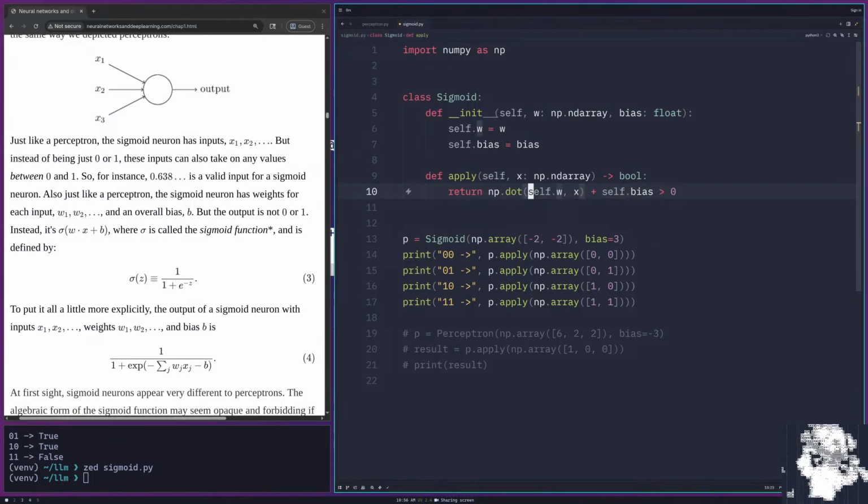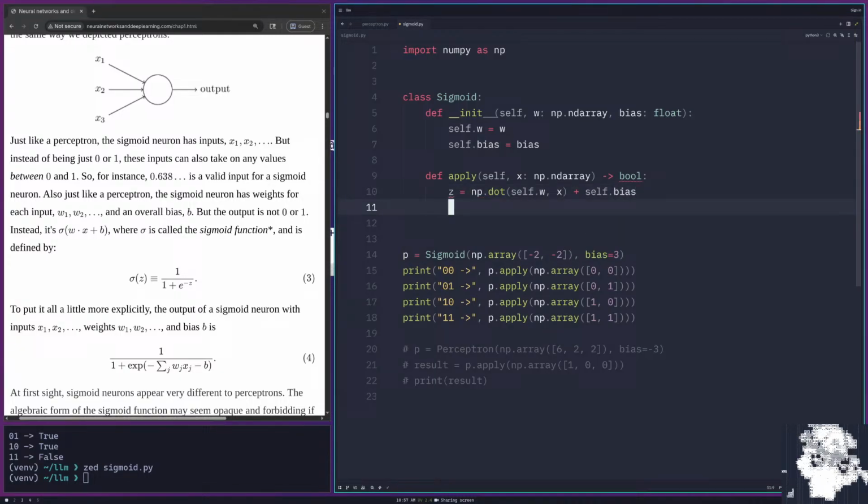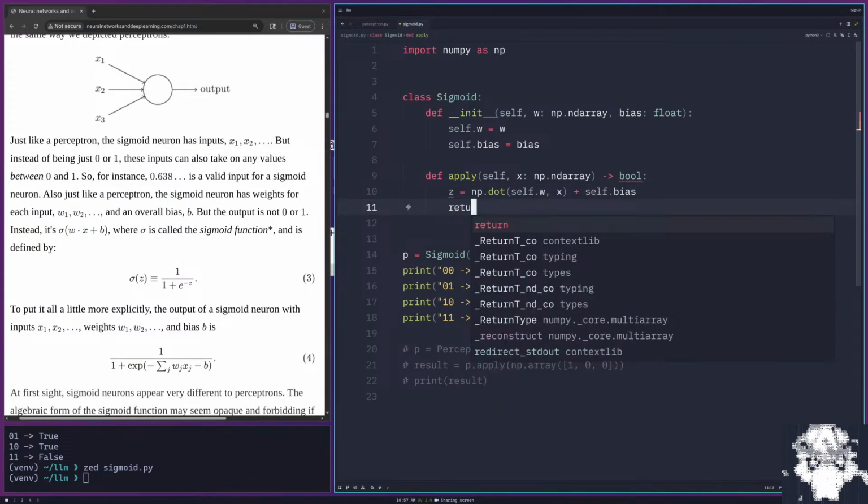So you still take this value, but then you put it into a different expression. You don't just compare it to 0. So you take this part, we'll call that z, and then you return sigmoid of z.